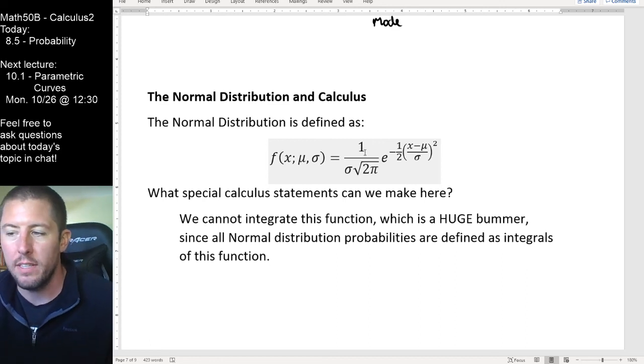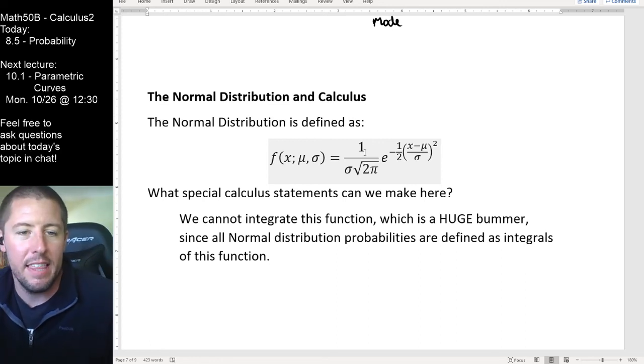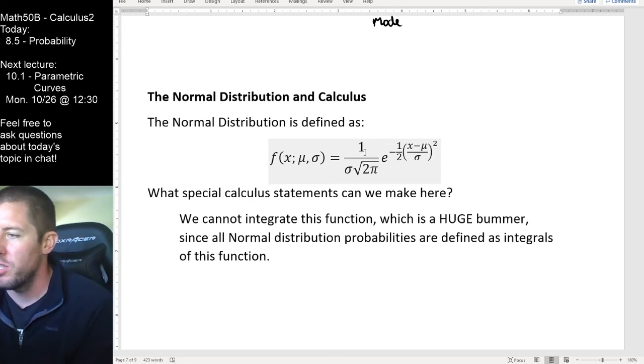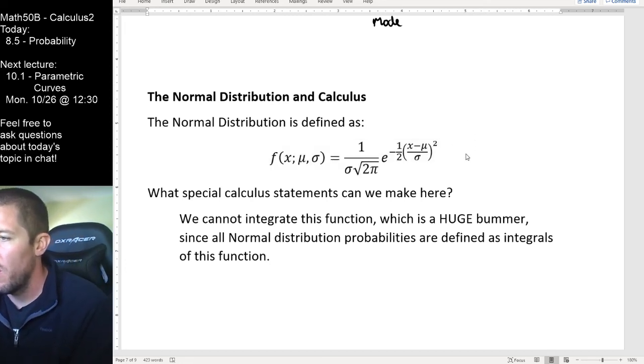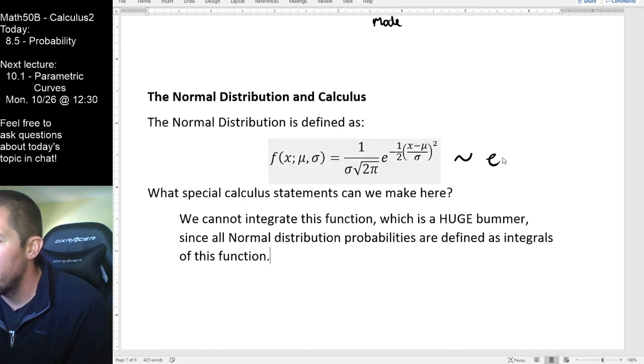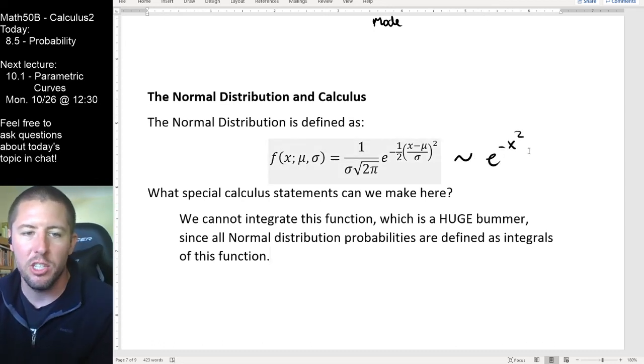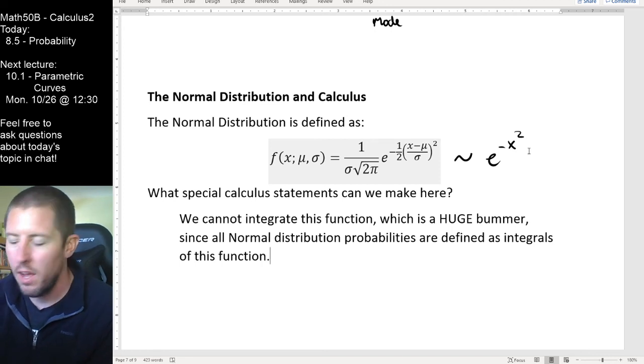So that's the one calculus statement I want to make here, that this is not an integrable function, because if you wash away all the constants here, this is about e to the negative x squared. That's about what we're looking at right there, and that's just not integrable, which is highly unfortunate for all of statistics.